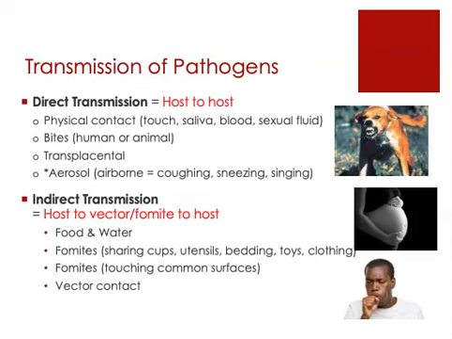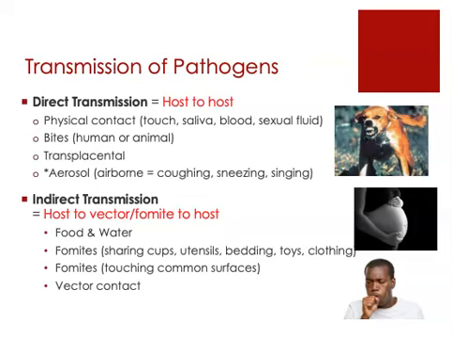Fomites, of course, as I mentioned, are an important part of indirect transmission. Touching surfaces, doorknobs, keyboards, sharing utensils, eating utensils, drinking vessels, cups, and things like that, bedding, toys, even clothing.